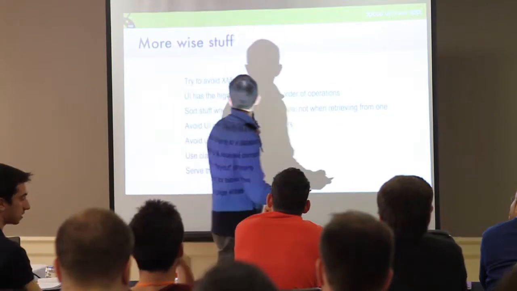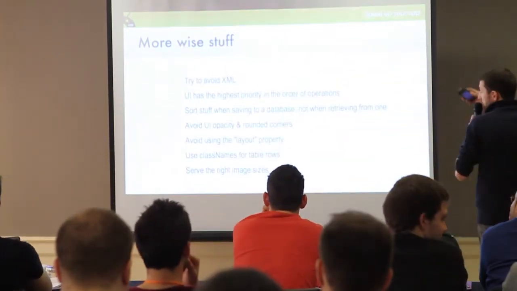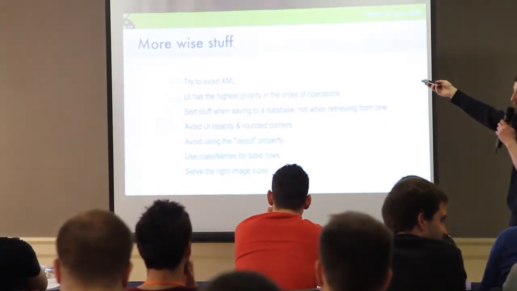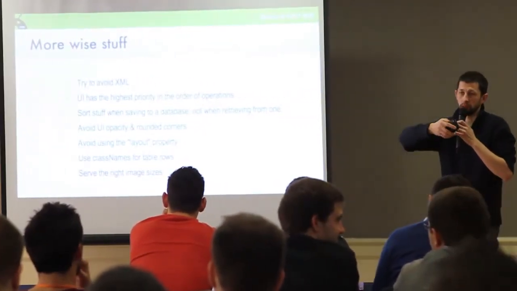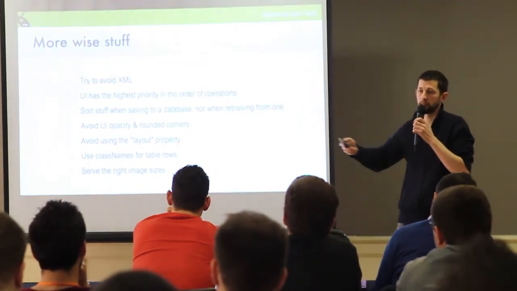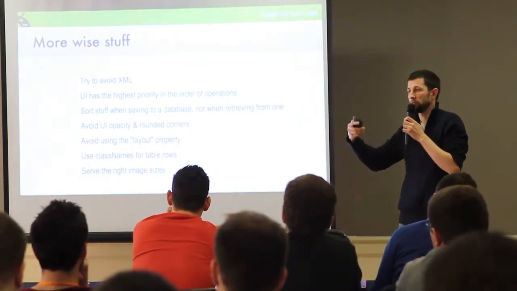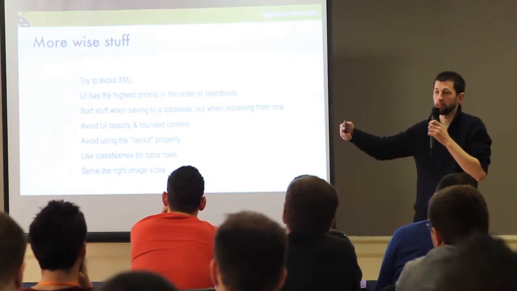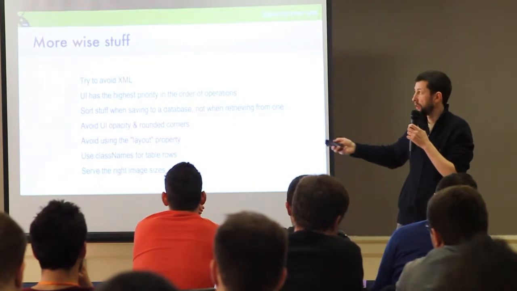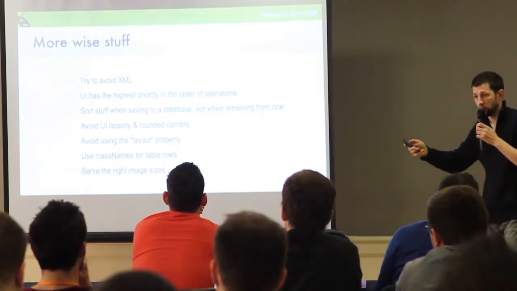Okay, here we have some small stuff. Avoid XML. We have a lot of text here inside XML, right? Tag title, closing the tag, opening tag, description, we close the description. Exactly what I was saying about JSON. So try to avoid XML.